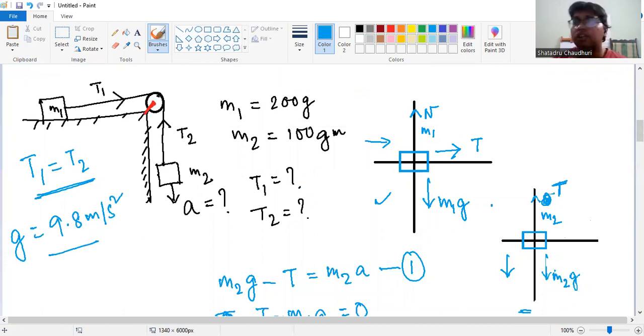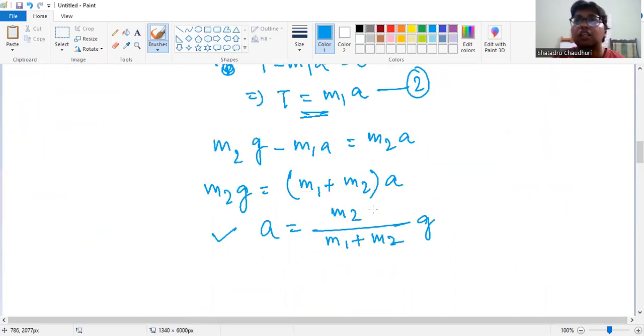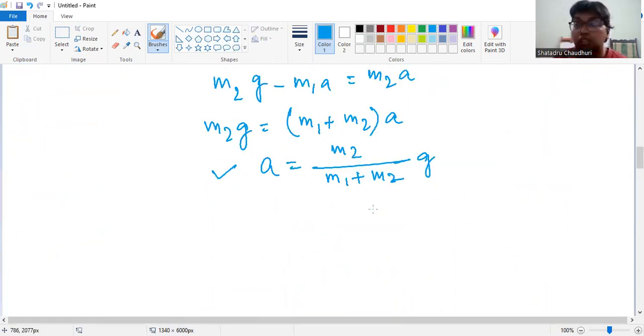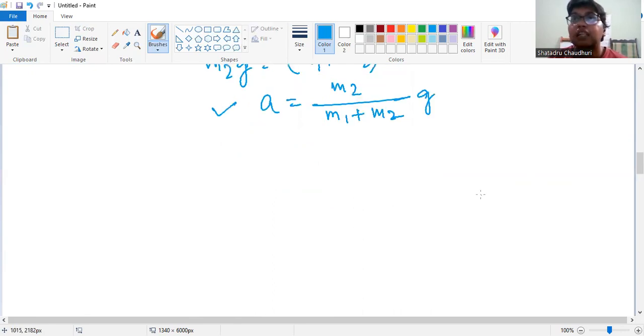Since they have given 9.8, so I'm using it, otherwise अगर 10 दिया रहा है तो हम लोग 10 यूज करेंगे। तो अगर ऐसा हम लोग यूज करते हैं तो यहाँ से we will get the value A, that will be 326.7 सेंटीमीटर पर सेकेंड। ये इसलिए आएगा क्योंकि the masses are in grams, so I am calculating this in centimeter per second.